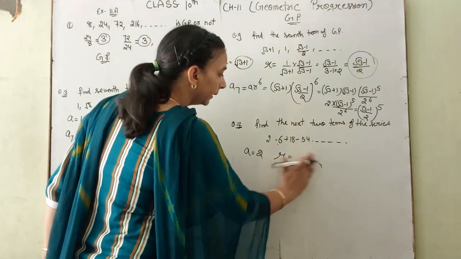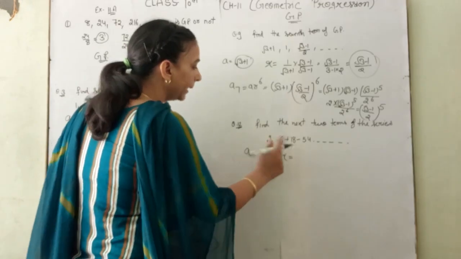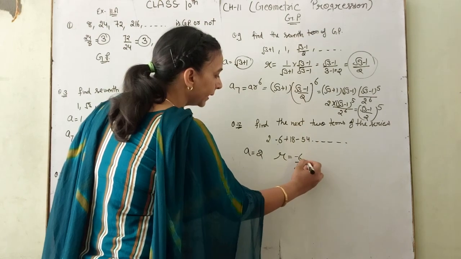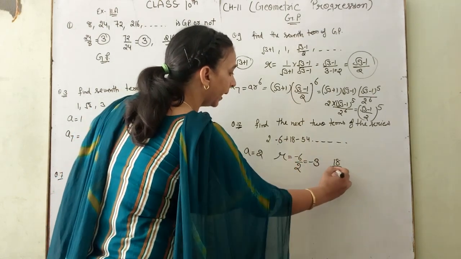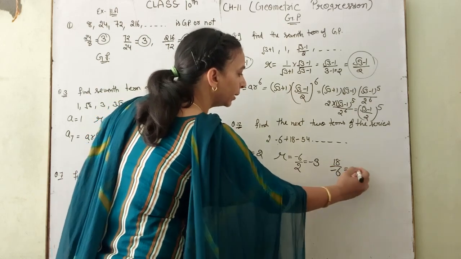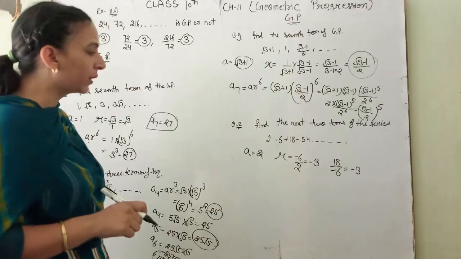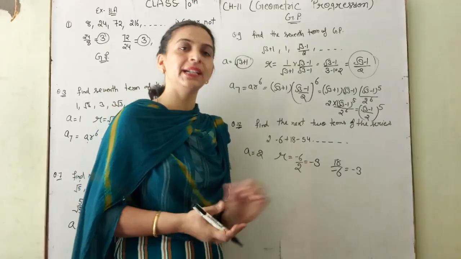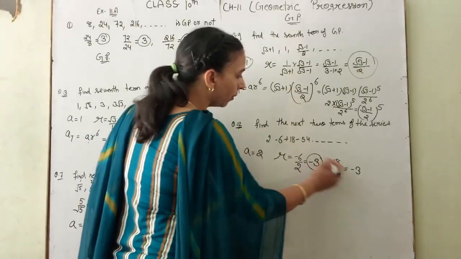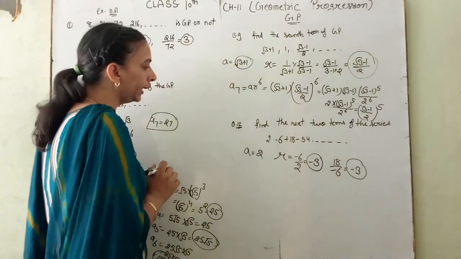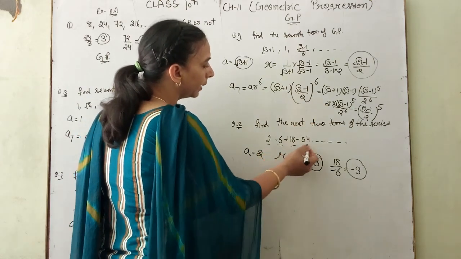Then this is a GP, otherwise this is not a GP. Minus 6 by 2 equals minus 3. Next, 18 by minus 6 also equals minus 3, so this is also a GP. Okay, sorry, I wrote the statement wrong. Then the first term is 2 and the common ratio r equals minus 3. We find the next two terms: first, second, third, fourth.